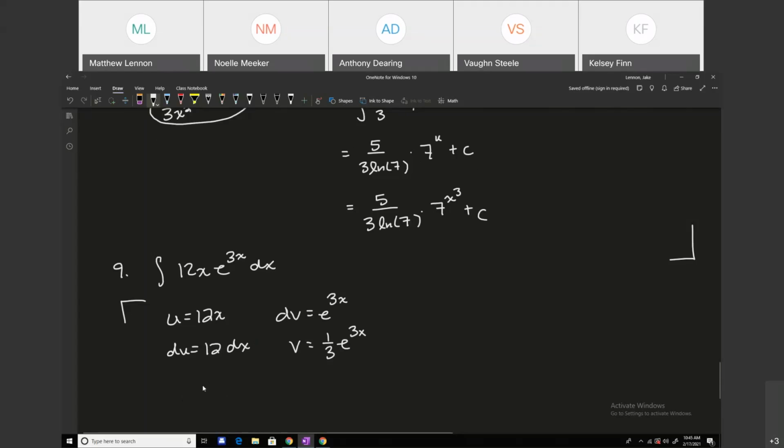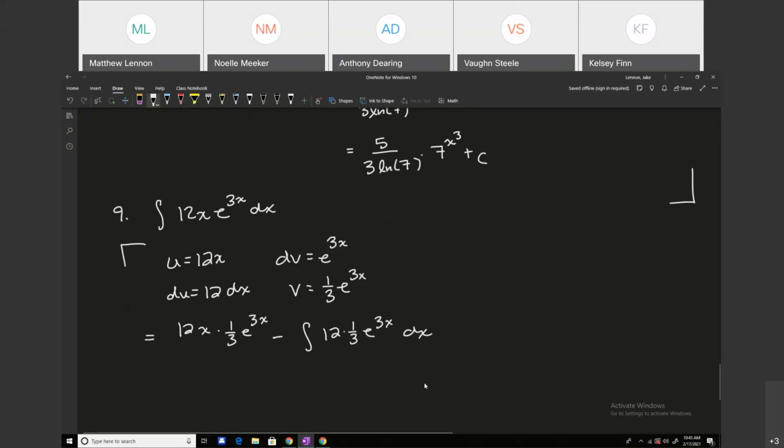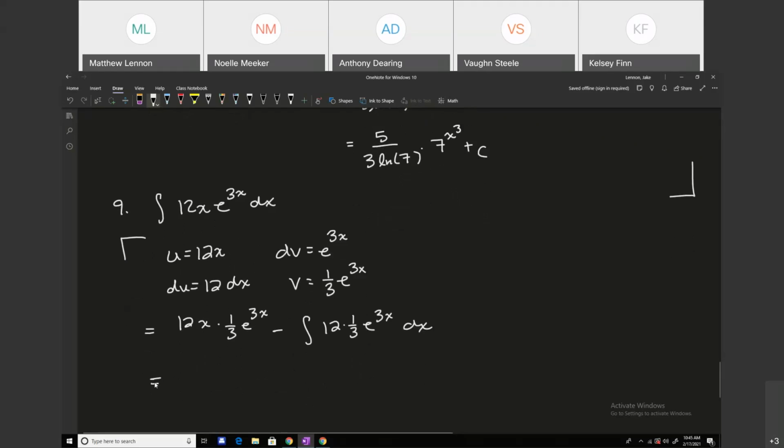So then what is the setup? Well, we take u times v, so 12x times 1/3 e to the 3x, and then we subtract the integral of v multiplied with du, so that would be 12 times 1/3 e to the 3x dx. Again, I'm showing every step here instead of simplifying along the way.